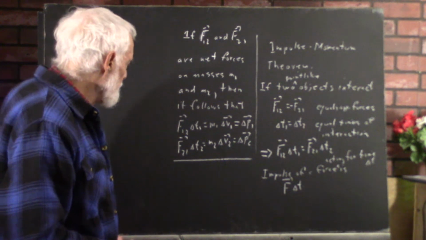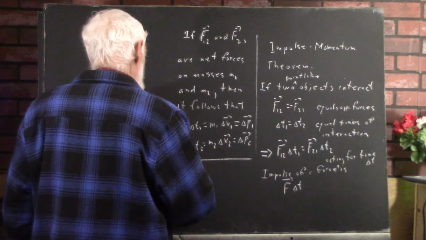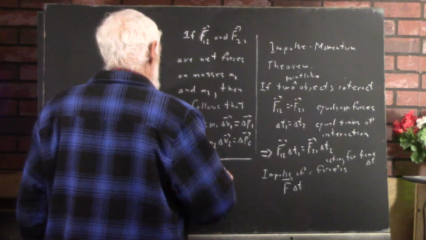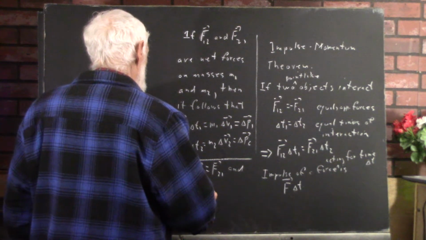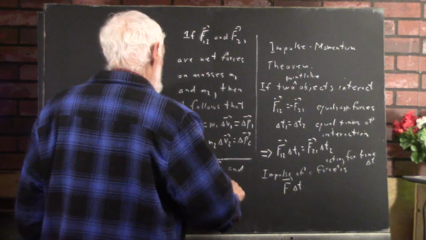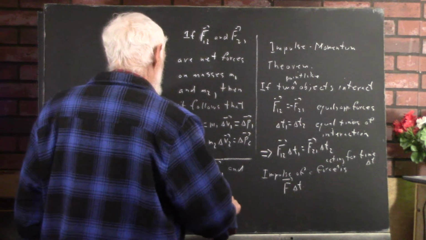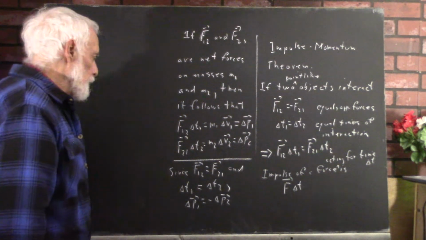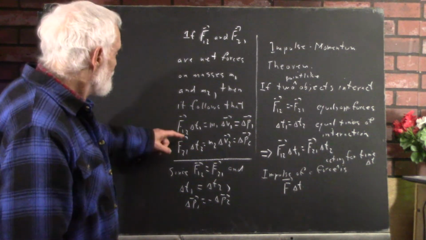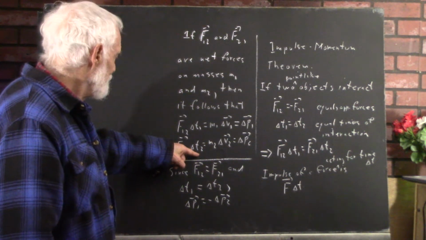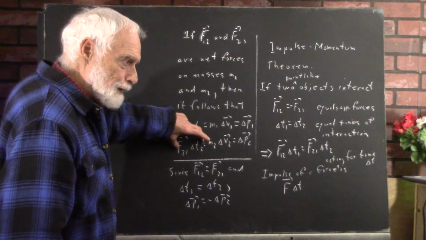Okay, so we have this. So since F12 equals negative F21 and delta T1 equals delta T2, it follows very easily that delta P1 equals negative of delta P2, because if delta T1 equals delta T2 and F12 equals negative F21, then this is the negative of this.